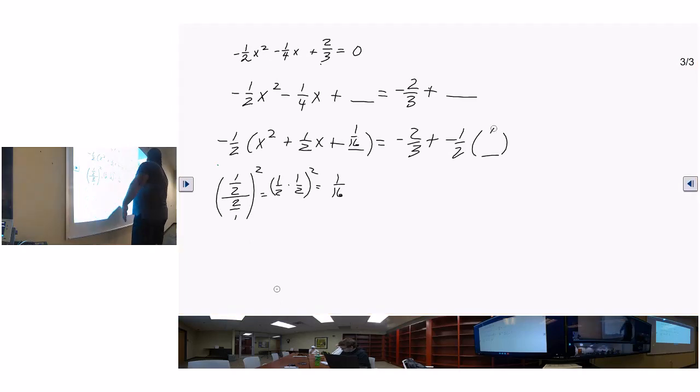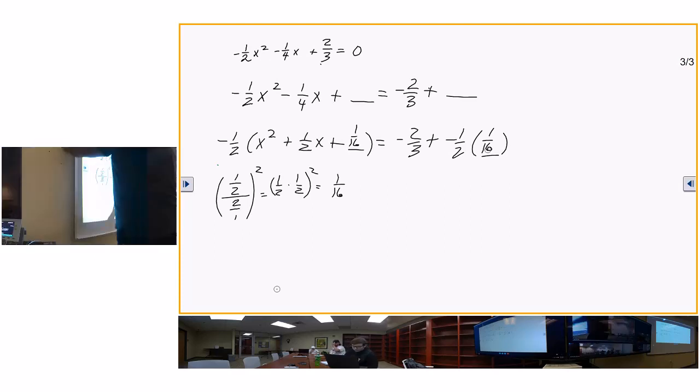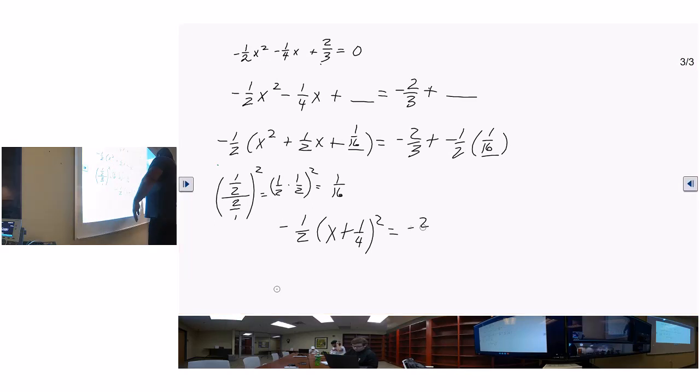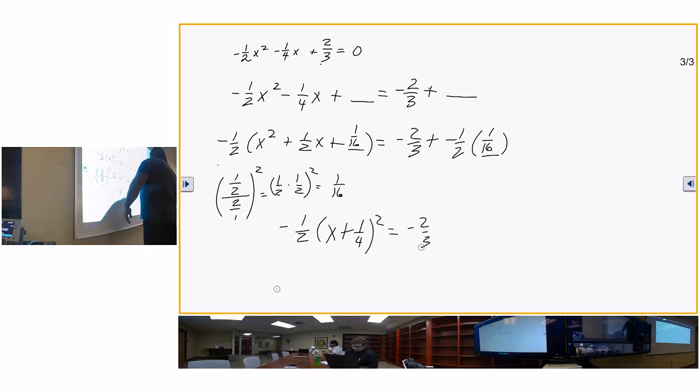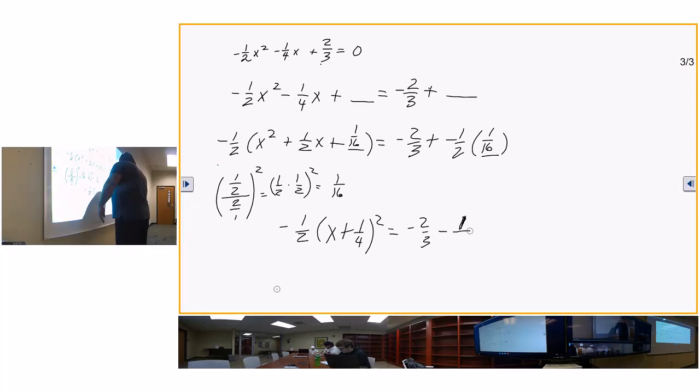And now we've got not one or two fractions, we've got a whole equation full of fractions to make us quit. Negative 1/2 times the quantity x plus 1/4 squared is equal to negative 2/3 minus what? 1 over 32.